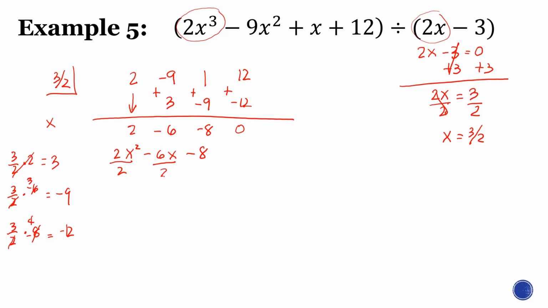This normally happens if the x is a fraction, like in this case, it's 3 over 2, right? So we need to divide each term by positive 2. So this will be x squared minus 3x minus 4. And that will be the answer. Okay? So that's how we divide polynomials using synthetic division.